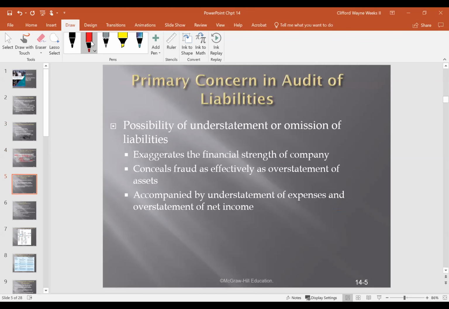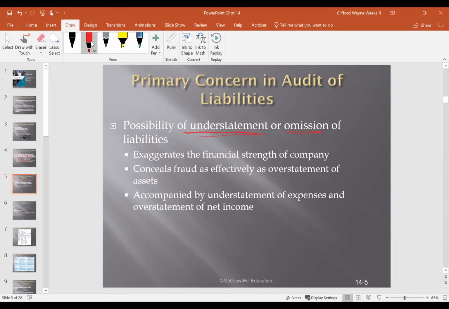The primary concern in an audit of liabilities, like I said earlier, is understatement, the possible understatement or omission of a liability. Obviously if we don't include that we owe Bob Jones, then our liabilities look a lot less. And if you think about it, we have a related debit, so if we don't record the liability, we're also probably not recording the expense.